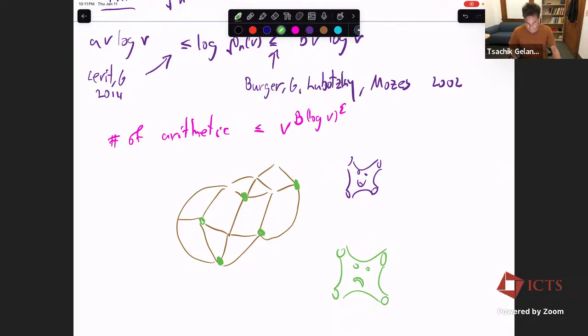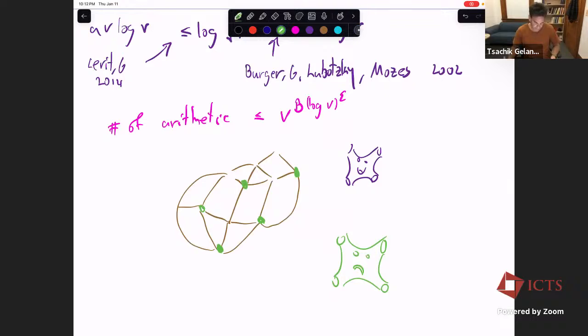You can do it compact or non-compact, and you get many hyperbolic manifolds that you can prove are not commensurable. So that was the idea, and you see that we use these finitely supported probability measures.